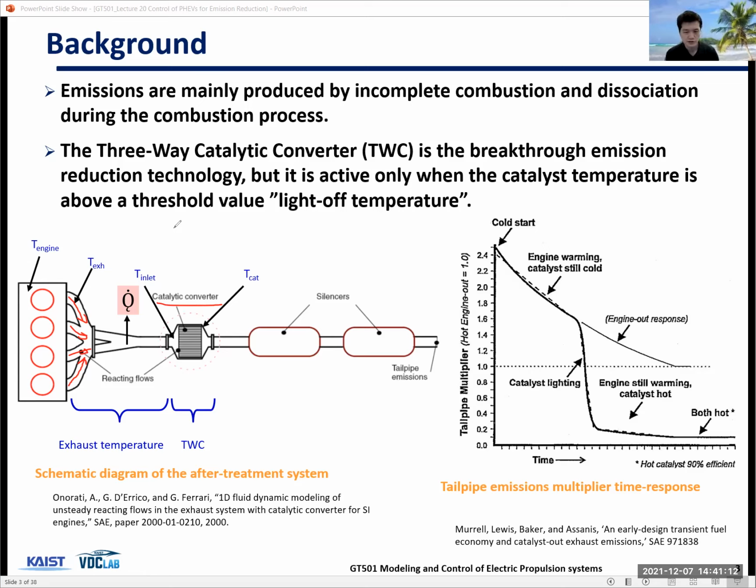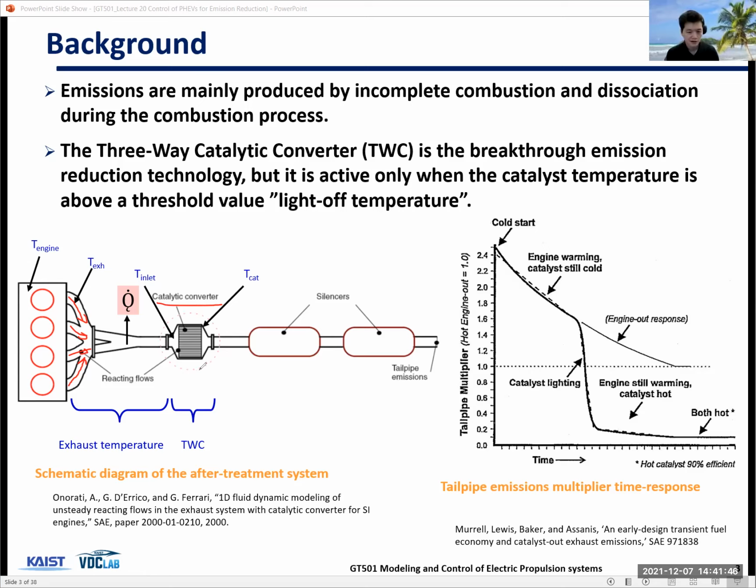Okay, but what you get directly out of the engine, the exhaust gas, contains harmful emissions such as NOx, NO and NO2, and so forth. And then there's CO, which is also harmful for humans. And there's also hydrocarbon. So for gasoline engines, you have those three harmful emissions.